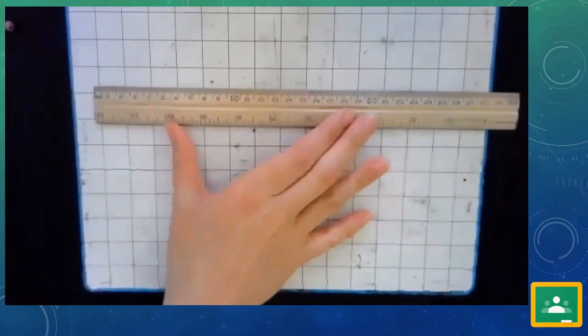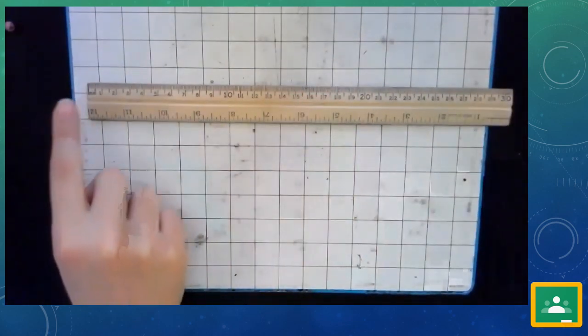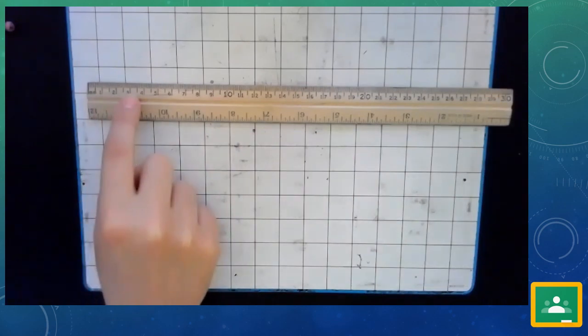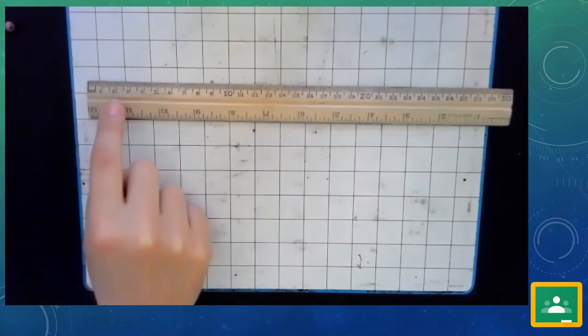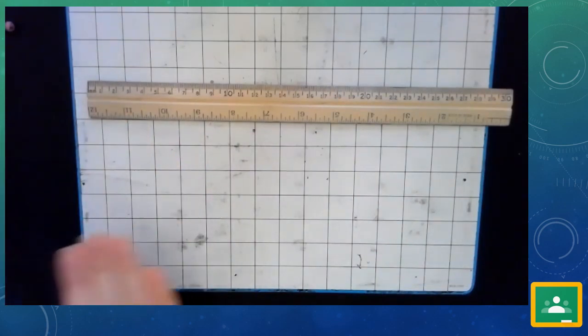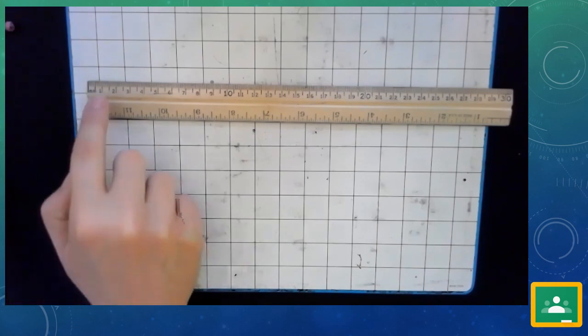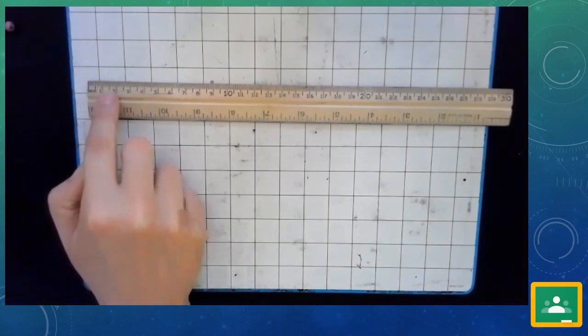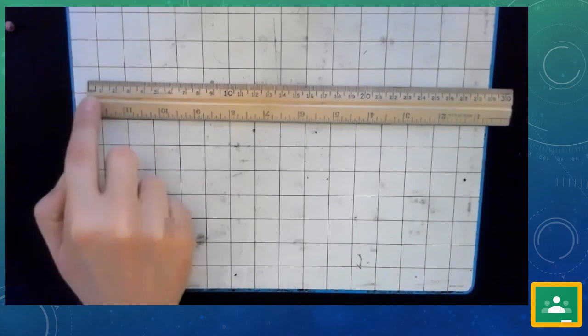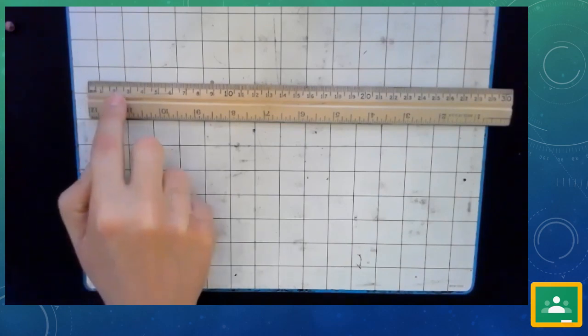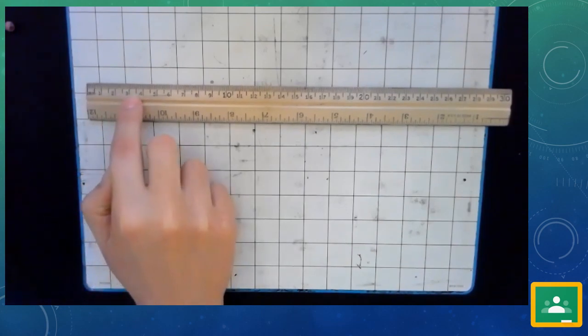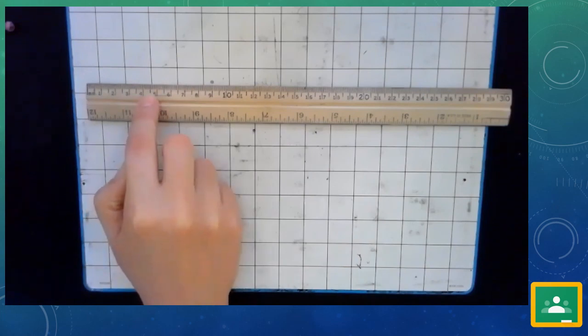Because then we look at the other side and we notice that the centimeters' numbers are closer together. So centimeters and inches are not the same unit of length, because when I look at the equal distances between each centimeter, that space is much smaller. But you'll notice, just like inches, it's consistent.